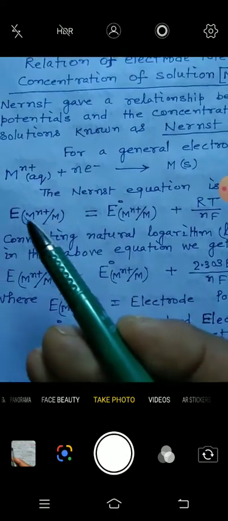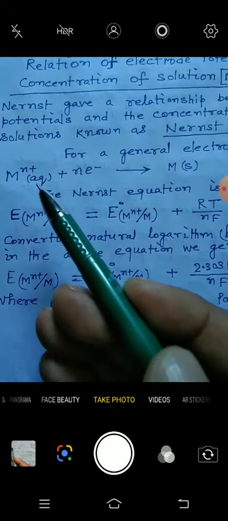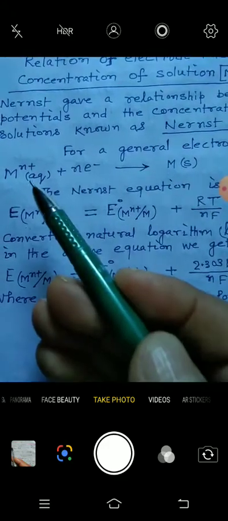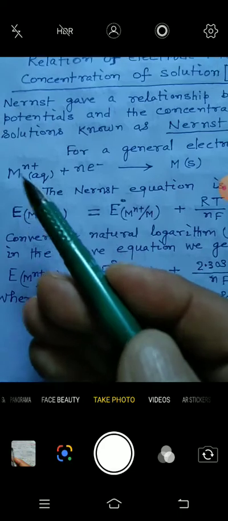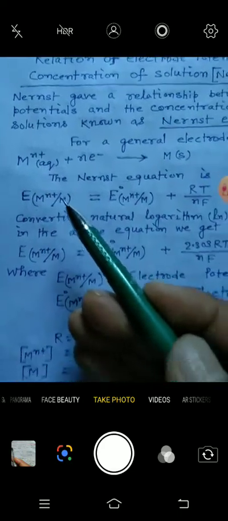Single electrode. When a metal rod is dipped in a solution of the same metal ion, that is known as a single electrode.